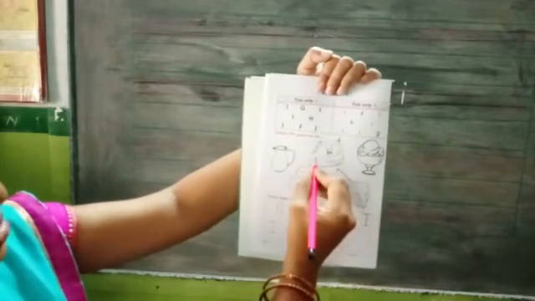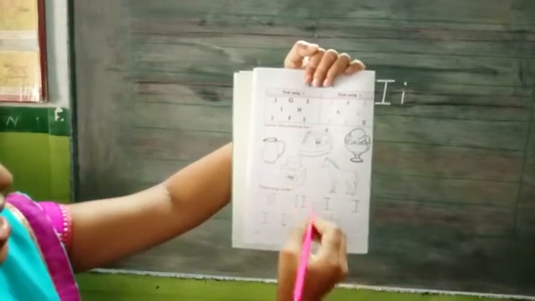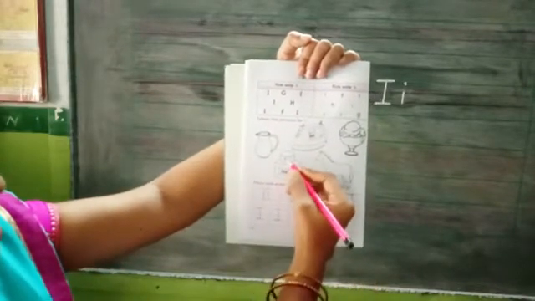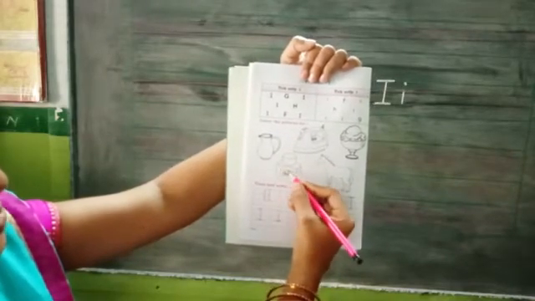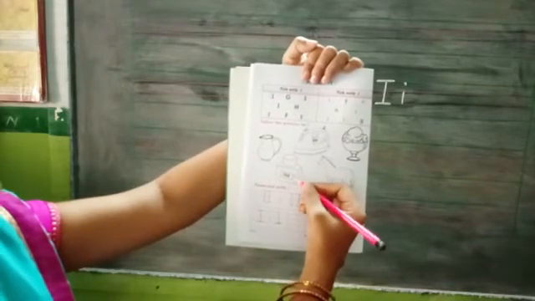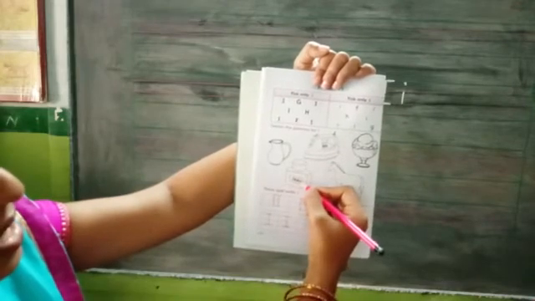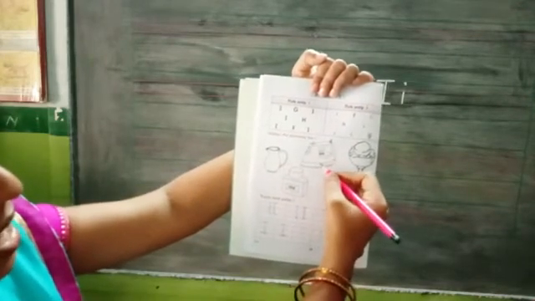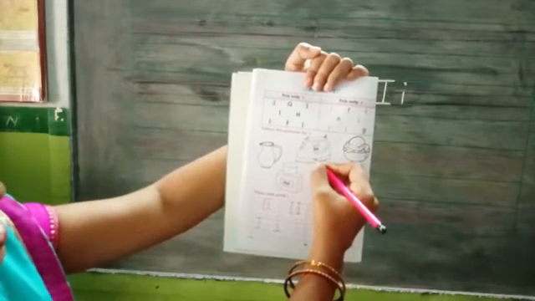Okay, so as I told you, I has two sounds. What are the two sounds for I? E. E, ink. So color this. You can use a blue color to color the ink pot. I, ink. What is the sound here?